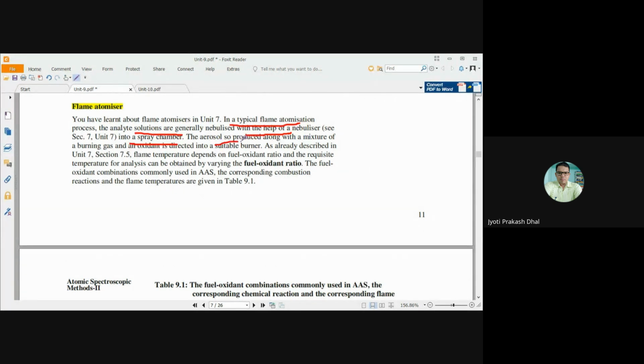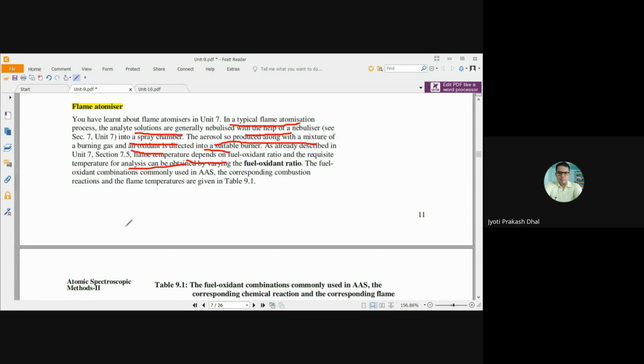The aerosols so produced in the spray chamber, along with a mixture of burning gases and oxidant, are directed to a suitable burner. As already described, the flame temperature depends on the fuel oxidant ratio. The requisite temperature for the analysis can be obtained by varying the fuel oxidant ratio.